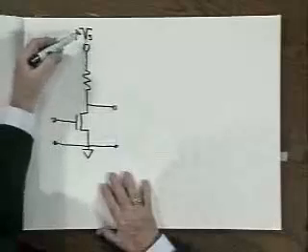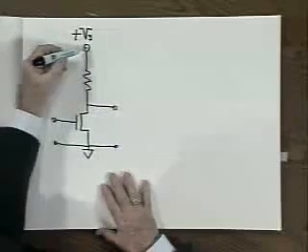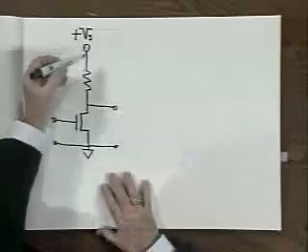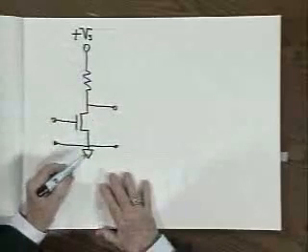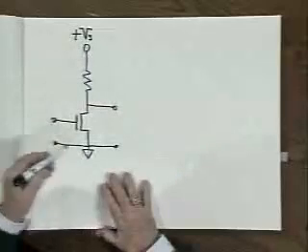What I mean by that symbolism is that the voltage drop from this terminal, power supply terminal, to ground, symbolized here, is V sub S volts.